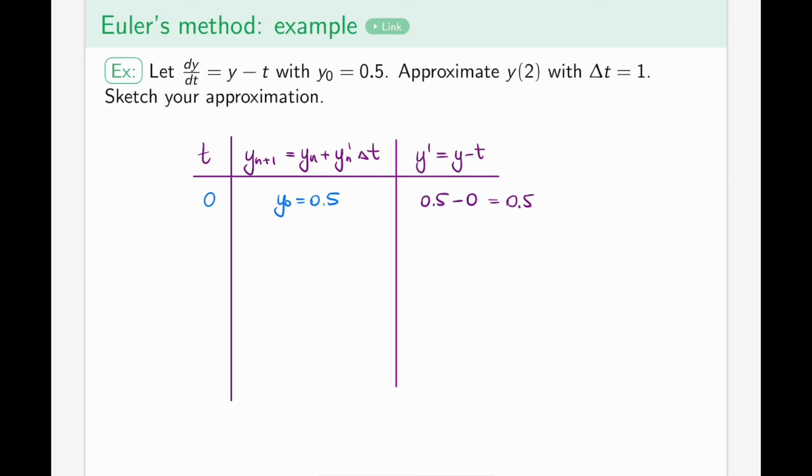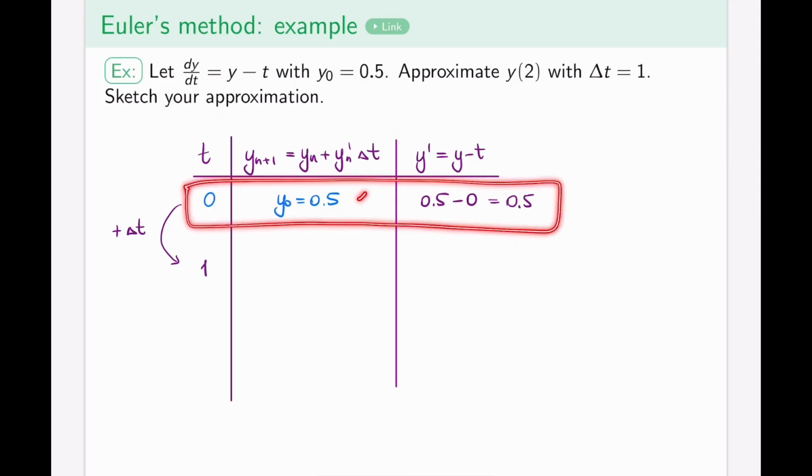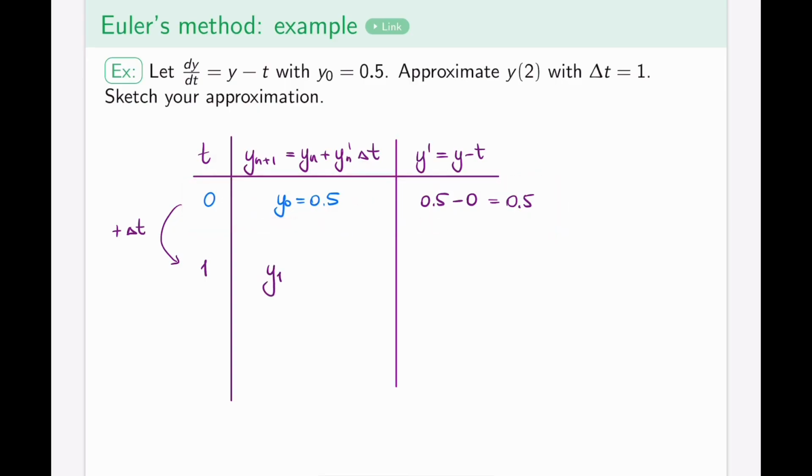Excellent. Now my next t value, because the step size is 1, I'm going to add the step size. That is going to give me a 1. And now, again, I'm going to use all the information from the previous row to plug into the Euler's method equation to produce the value for the next y, which is going to be labeled y1.